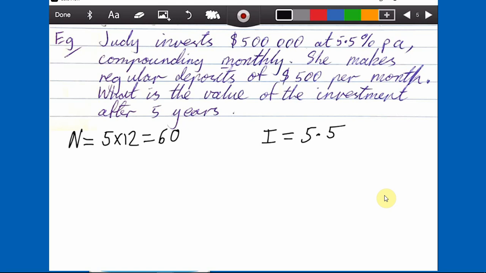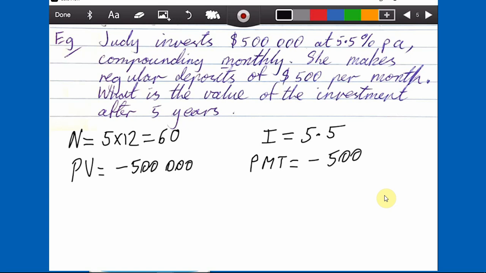Now she invests, so you've got to think about getting your signs correct. She's putting money in. So she put in $500,000. She's also making a payment, so she's also putting in $500.